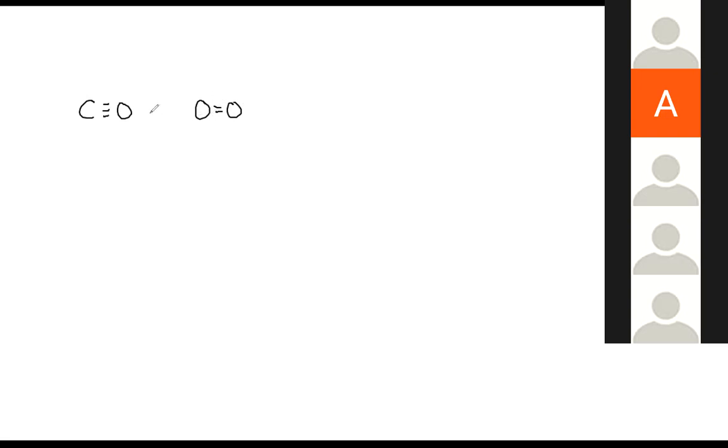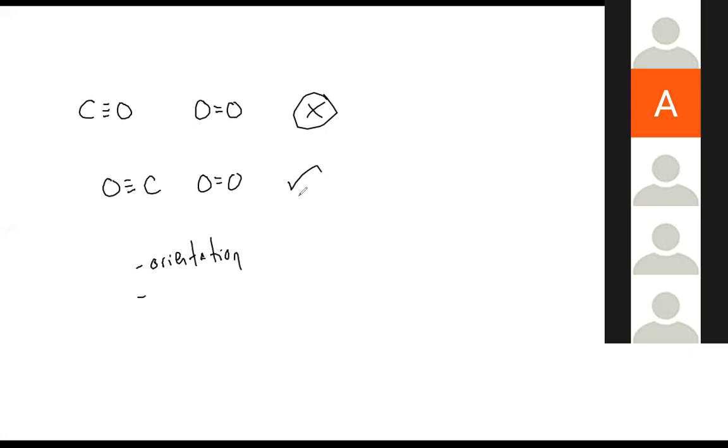If these collide like this, oxygen to oxygen, that will not result in a reaction. However, if they collide this way, the carbon end collides with the oxygen end, that may result in a sufficient collision, that may result in a chemical reaction. So the particles themselves must be facing the right way when they collide. They have to have the correct orientation. So the orientation matters. That's very, very good.